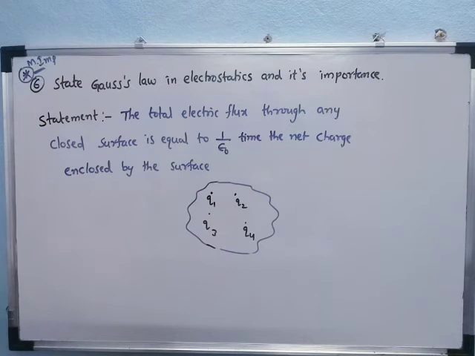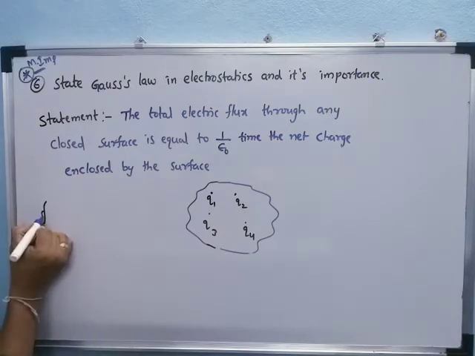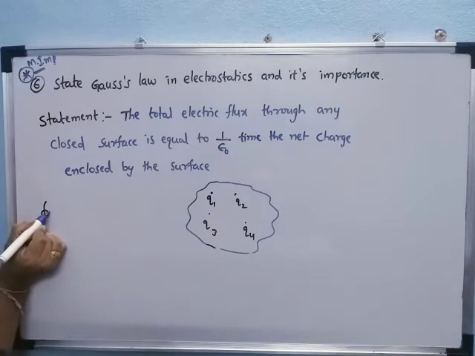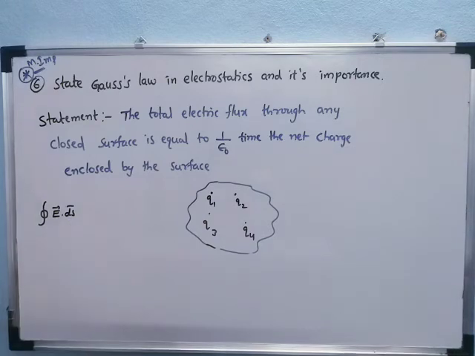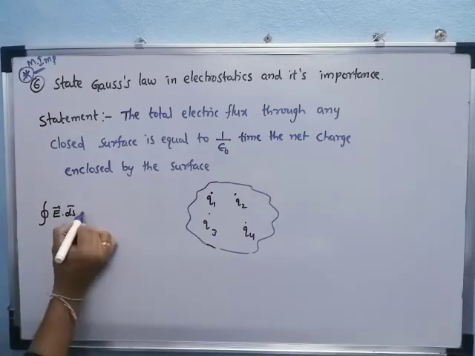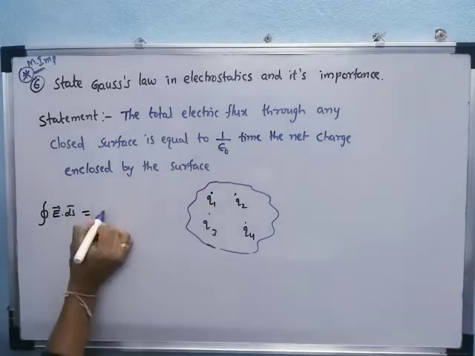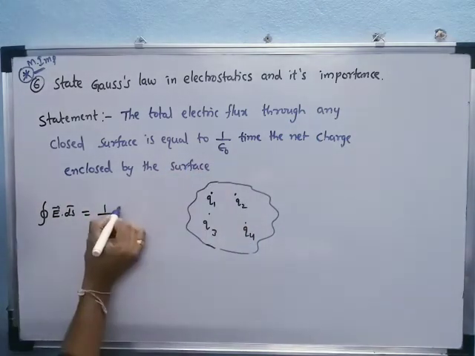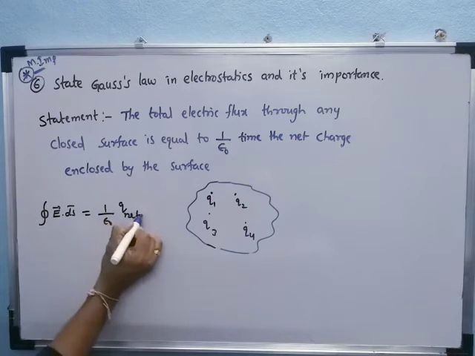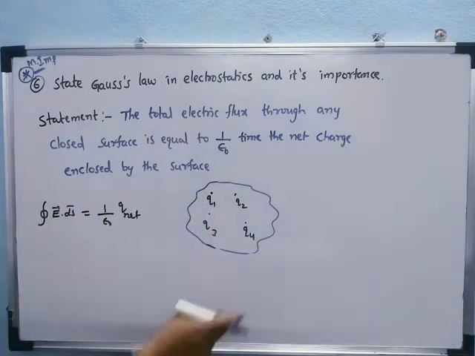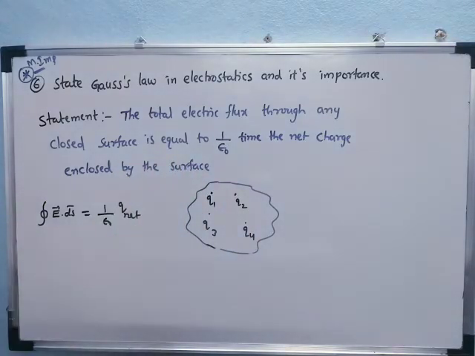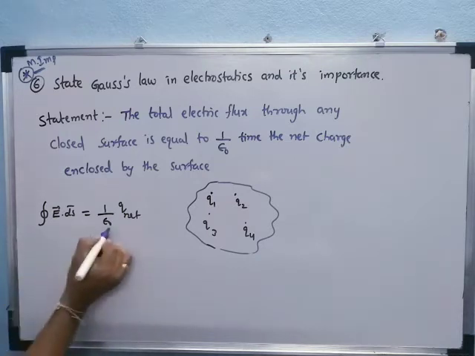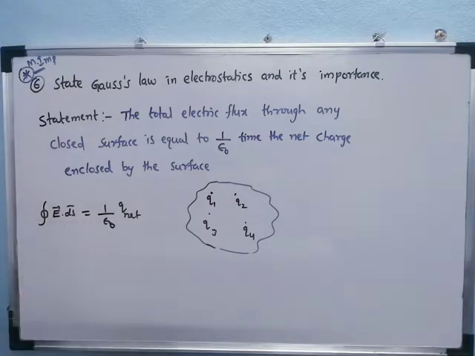Now we can write the mathematical form: electric flux, the integral of E bar dot ds bar, is equal to 1 by epsilon naught times the net charge enclosed by the surface. That is, the flux due to the total charge inside the boundary surface is called the statement of Gauss law.